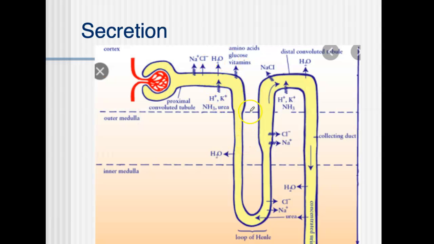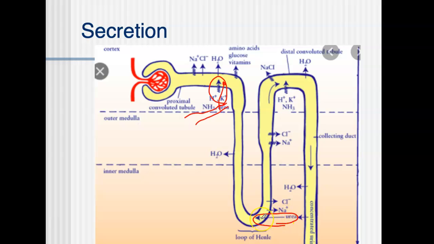So if I use my same picture again, secretion would be bringing something in, like, oh, let's look at this arrow. Oh yeah, the secretion here of urea. That wasn't filtered. That was in those vessels here. And I was able to take it from those vessels and bring it into what's going to be the filtrate. So I don't see any here, but oh, I'm seeing some here.